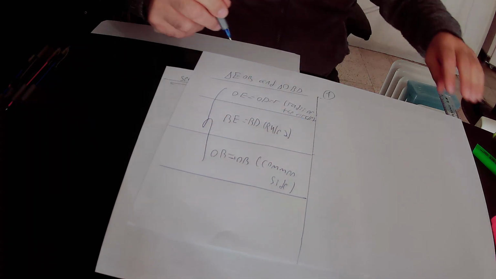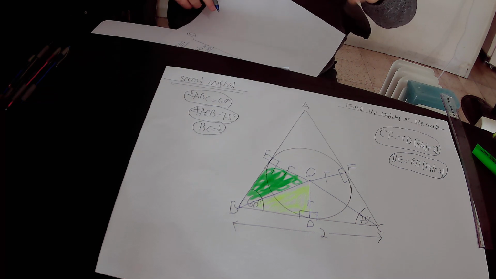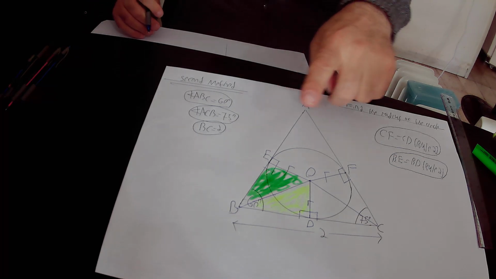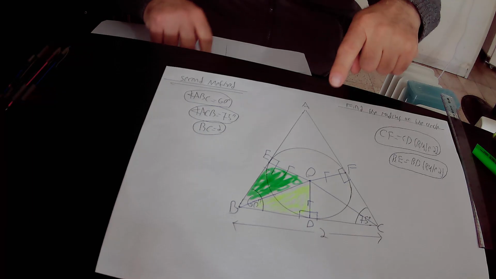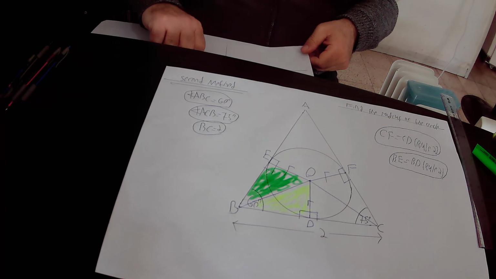So we actually proved that all three sides of the green right triangle EOB are correspondingly equal to all three sides of the yellow right triangle OBD. Therefore, those two right triangles are congruent to each other according to the side rule.